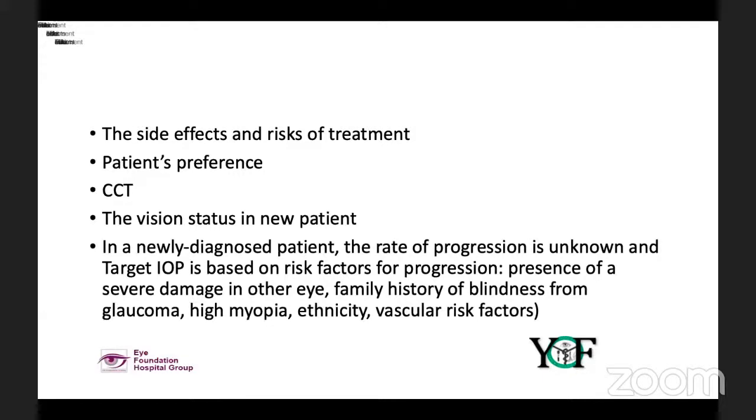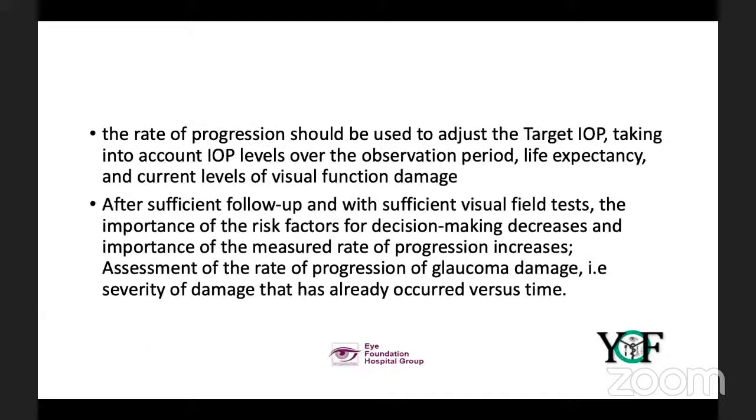In a newly diagnosed patient, the rate of progression is unknown and target pressure is based on risk factors for progression, like the presence of a severe damage in the other eye, family history of blindness from glaucoma, high myopia, ethnicity, which is worse in the blacks, and vascular risk factors.